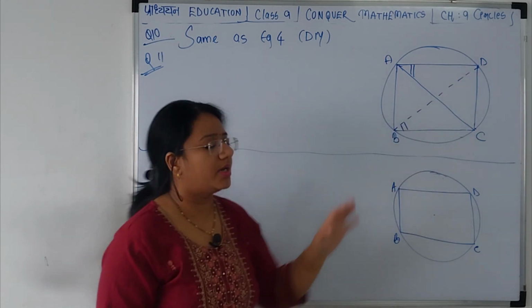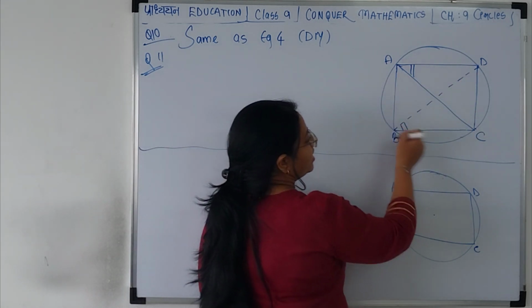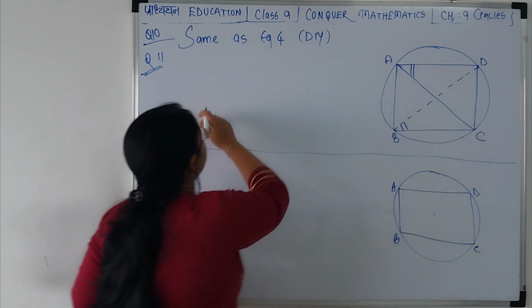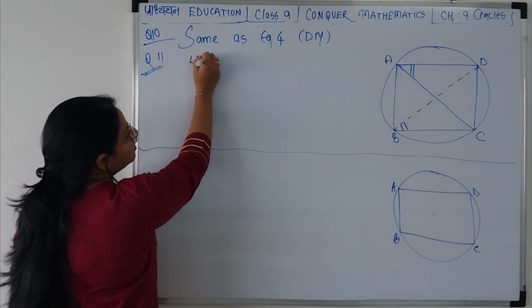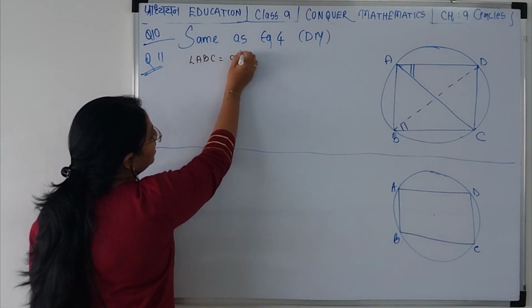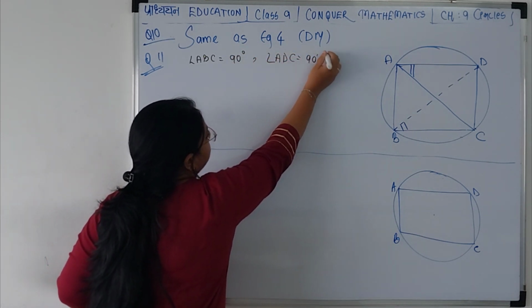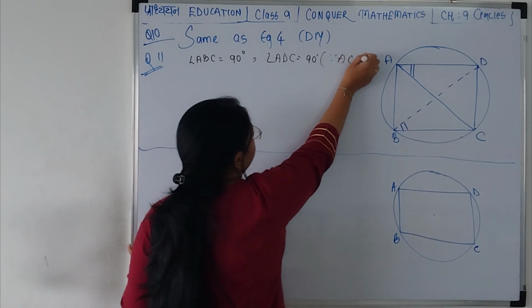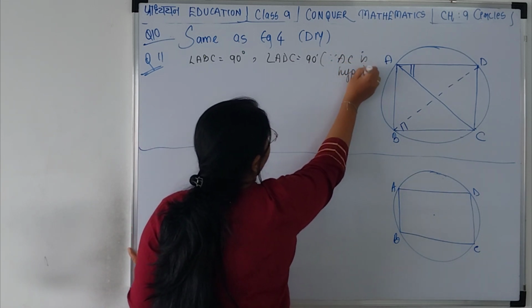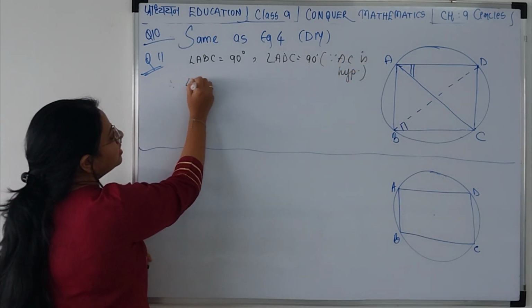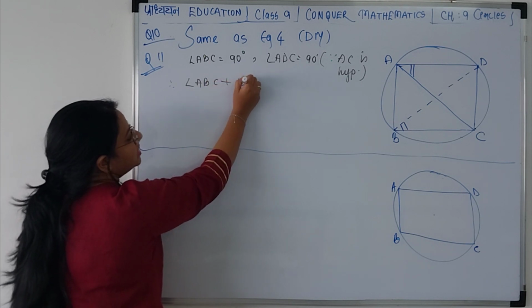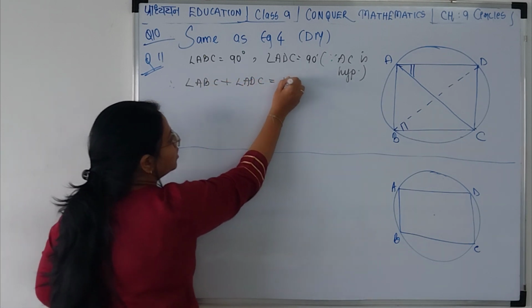Now very easy. Understand? If these are right angles, we are given angle ABC is 90 and angle ADC is 90, because AC is the hypotenuse, correct? Therefore, can I say कि ABC plus ADC is 180, दोनों का sum.